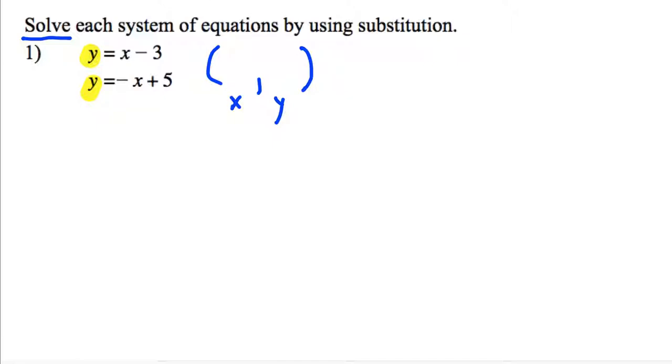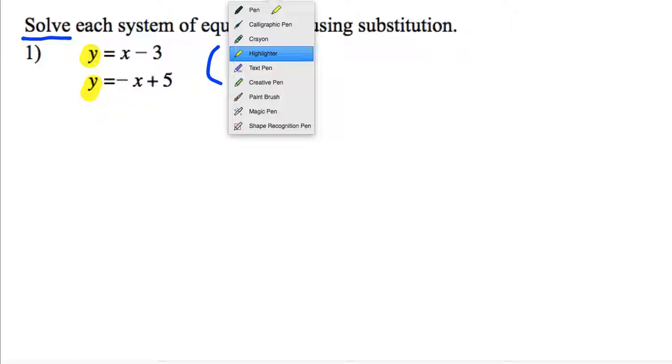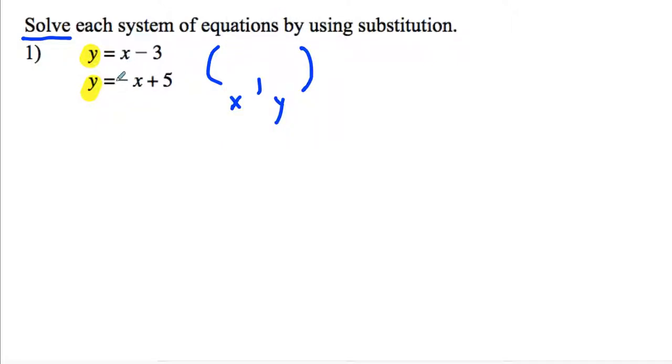So I'm going to take this expression right here, and since y equals that, I'm going to put this over here on that first equation. That's how I'm going to do it.